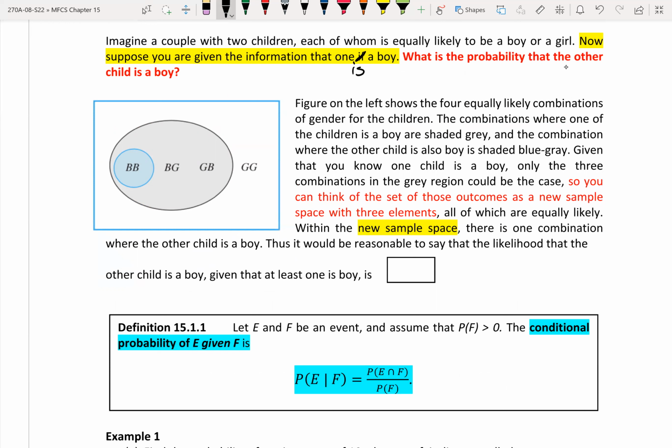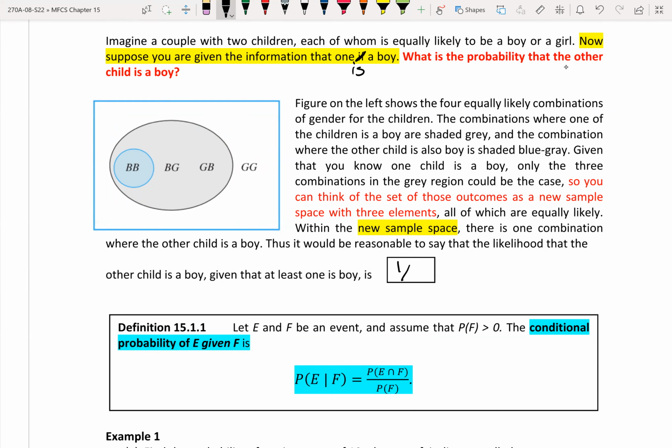What is it? One out of? So your total gray area is the chance of having at least one boy, okay?